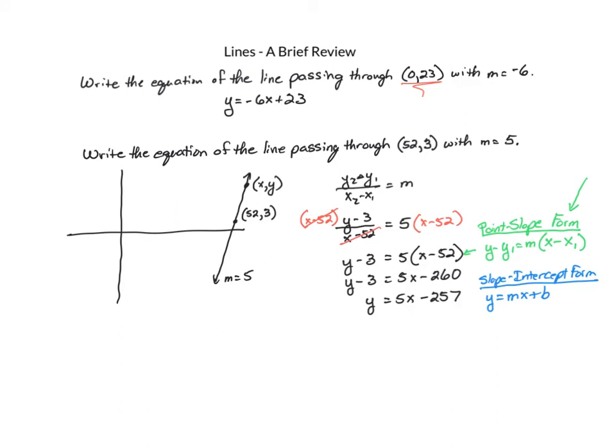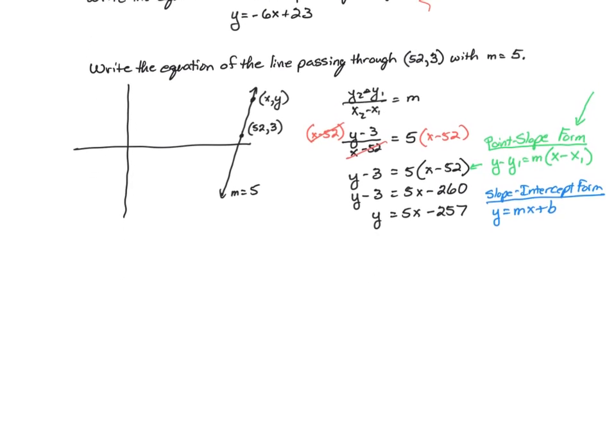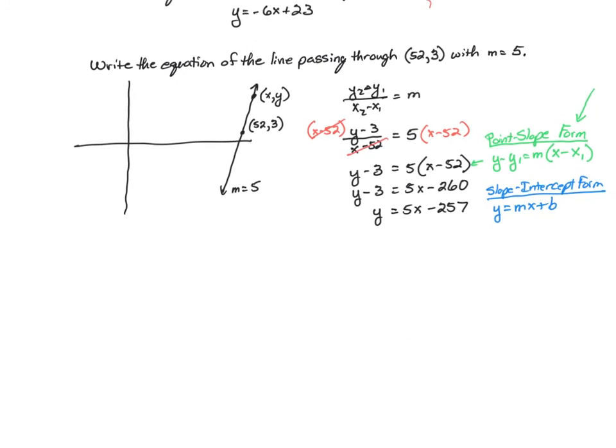So let's do that on this same page. I'm going to move up a little bit so we have room, but I still want you to see that point slope form.